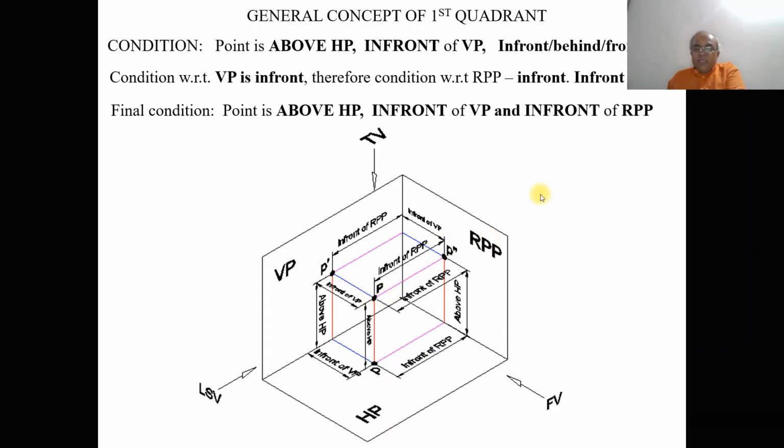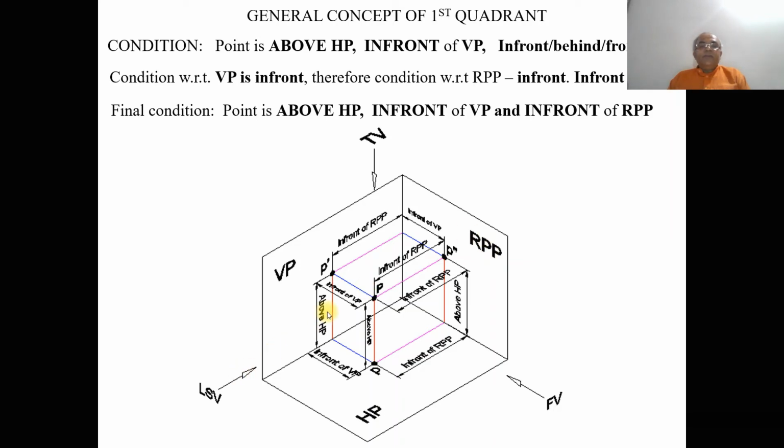Similarly, when you look from the front view, the object is between the plane and the observer. Similarly, from the top view, the object is between the plane and the observer. So in the left side view also the object is between the plane and the observer, but only in the right side view is the plane between the object and the observer.